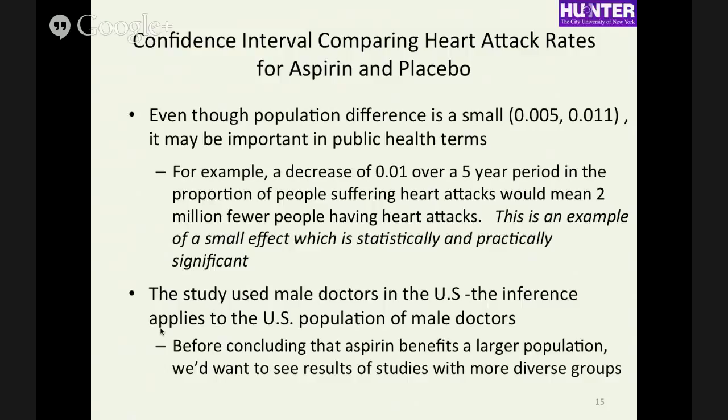But here a decrease of 0.01, so 1 out of 100 over a 5-year period, multiplied by a couple 100 million people, could be a difference in 2 million people having heart attacks or not. So the point is that even small proportions multiplied by a lot of people could be important. And that's a separate question to ask.